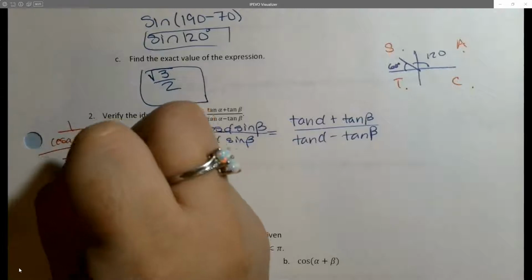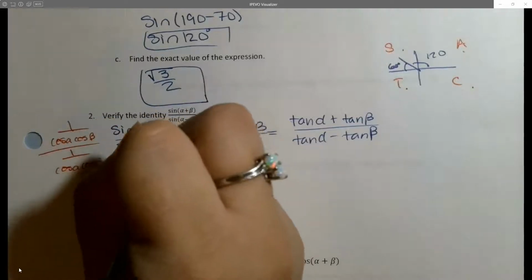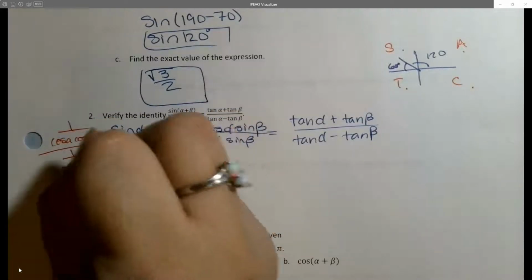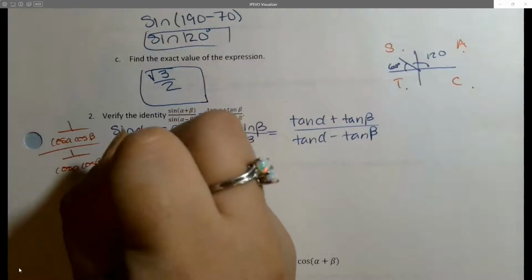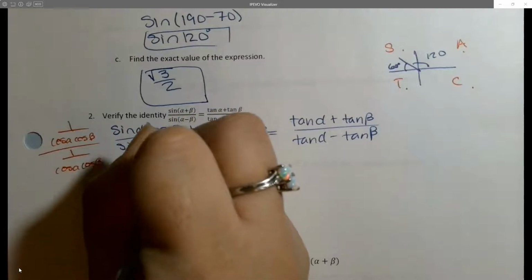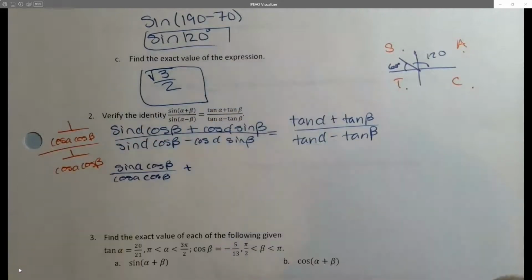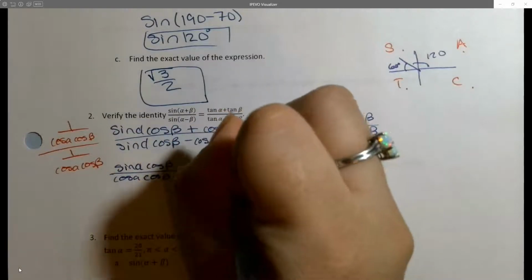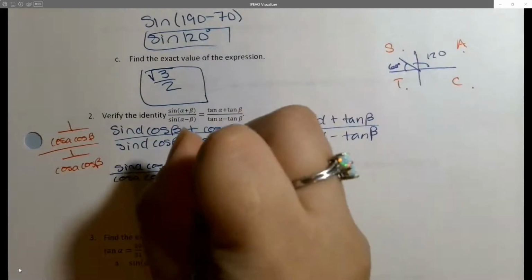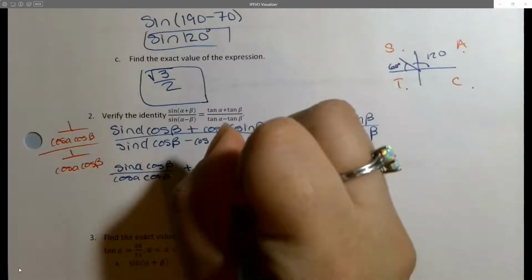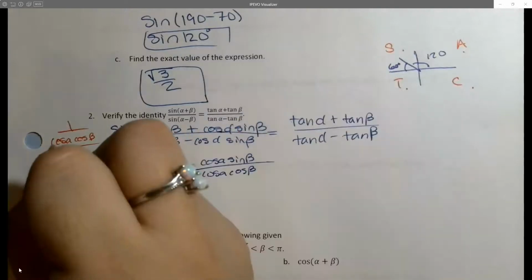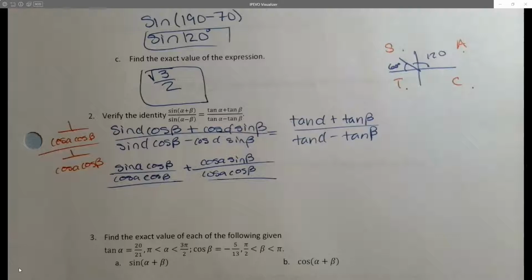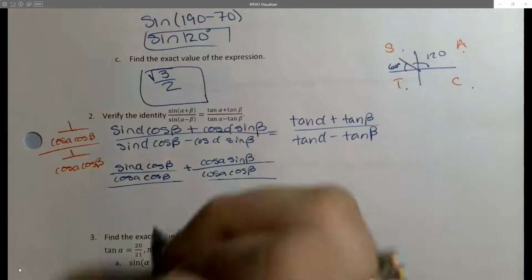So I'm going to have sine of alpha cosine beta over cosine alpha cosine beta plus cosine alpha sine of beta over cosine alpha cosine beta. And the reason I picked cosine alpha and cosine beta on the denominator is tangent only works with cosine on the denominator. So I'm putting both cosines in there to take care of them all at once.